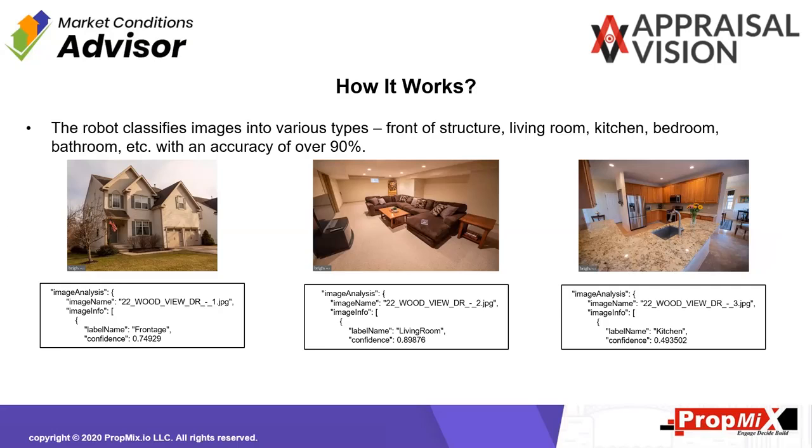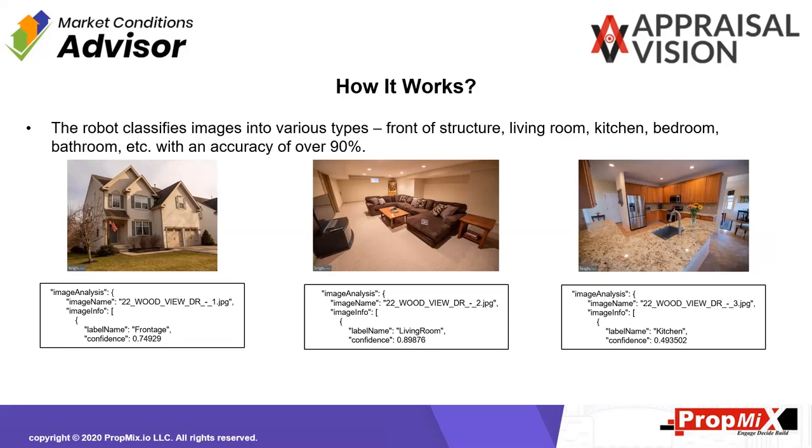And we have greater than a 90% accuracy in identifying and properly labeling images. The better the image, the more information in the image, the better quality the label will be.